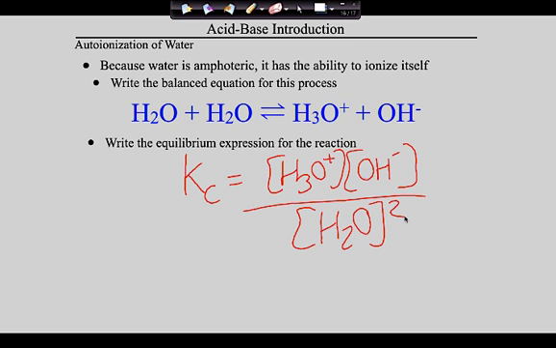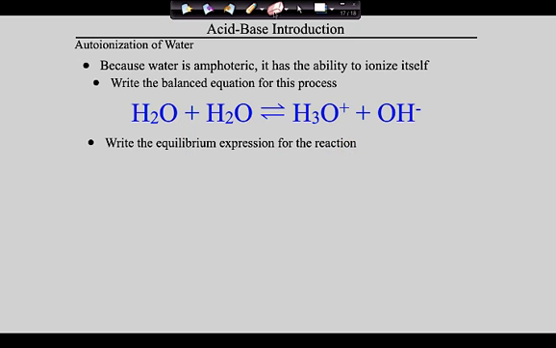Let's put subscripts on it. Liquid, liquid, aqueous, aqueous. Remember guys, this is heterogeneous, we do not include pure liquids or pure solids in our Kc expressions.